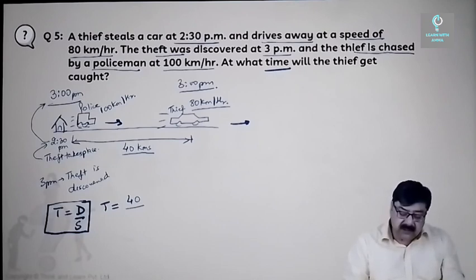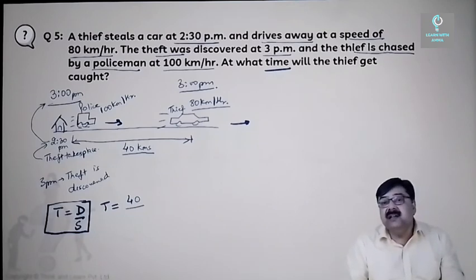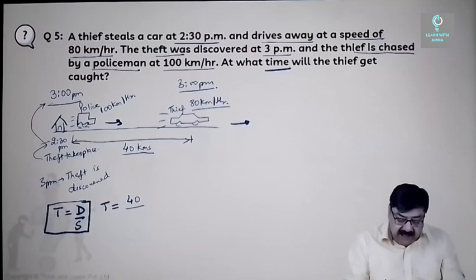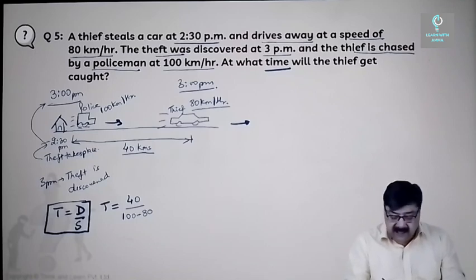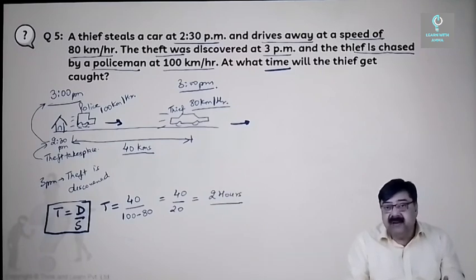If both bodies are moving in the same direction, we take the difference of their speeds. So it shall be 100 minus 80. So what we get is 40 by 20. That is 2 hours is the amount of time taken by the policeman to catch the thief.